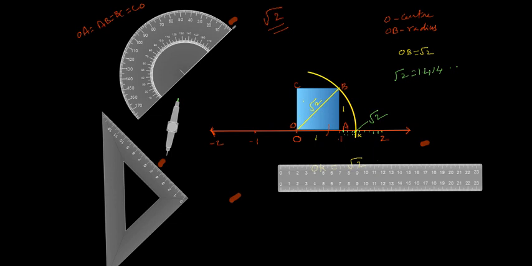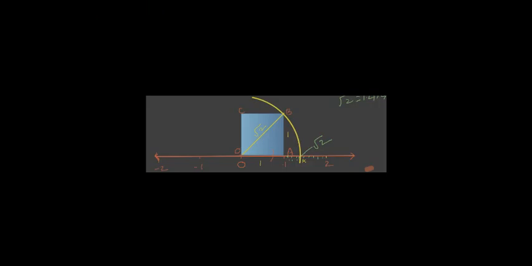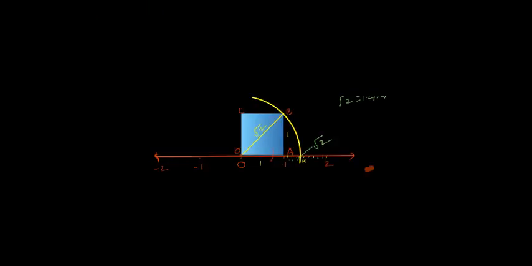Once you recall how to locate root 2 on the number line, you continue the procedure to find root 3 on the number line.